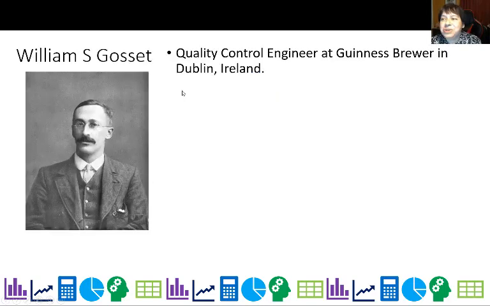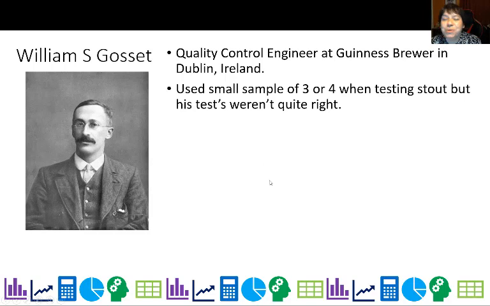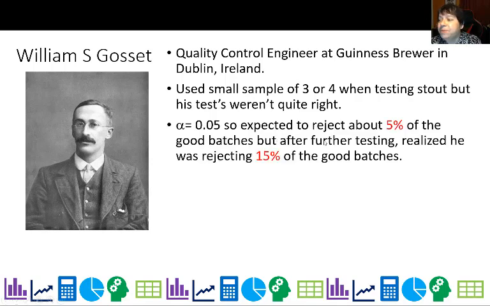So we'll introduce you to William Gossett. He was a quality control engineer at Guinness Brewery, so he had to sample the beer. And he used samples of 3 or 4 when testing stout, which, you don't want to drink too much, obviously. And the alpha was 0.05, so he expected to reject about 5% of the good batches. But after further testing, he realized he was rejecting 15% of good batches. Such a waste.